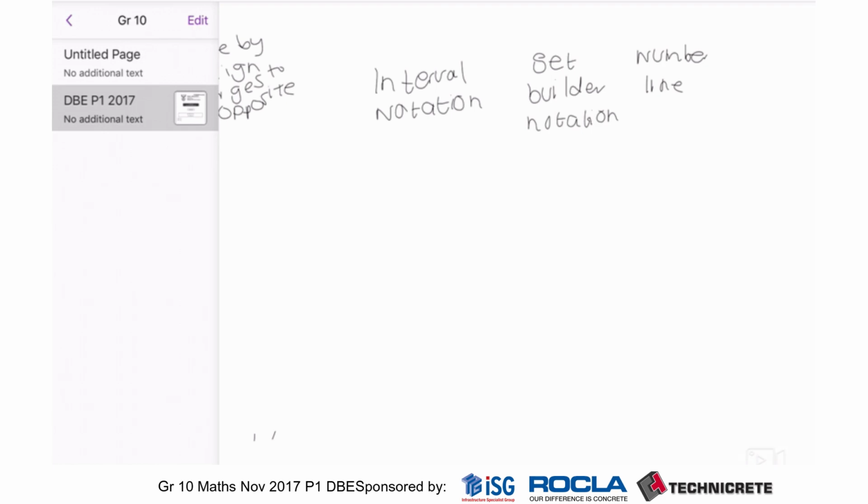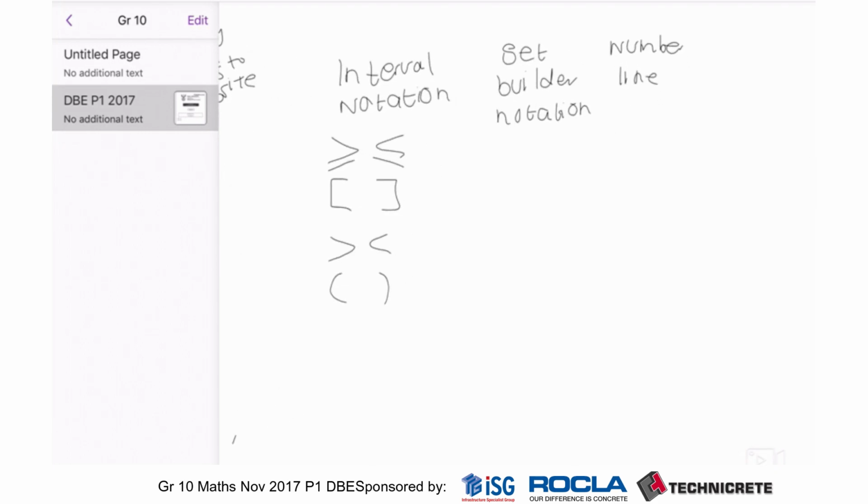So if it is a greater than or less than with an equal to, your brackets are square brackets. If it is just a normal greater or less than, your brackets are rounded brackets. Then for set builder notation it's better explained when we have an example, but set builder notation is when x falls between a value of, say, negative 2 and 5.